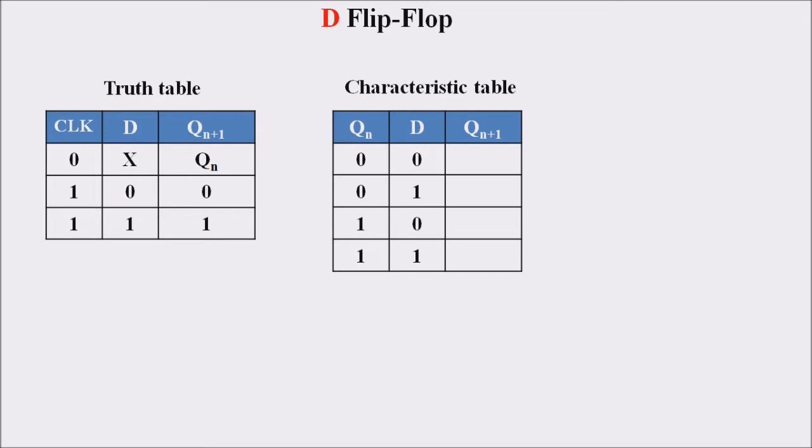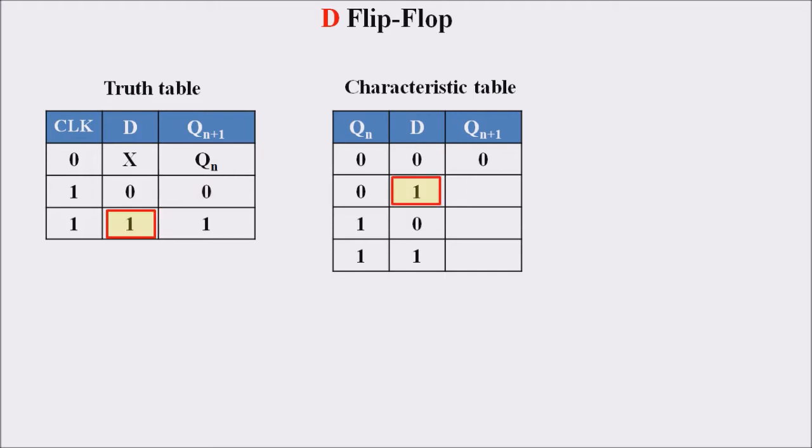Now we are going to discuss how Qn plus 1, the present state, is generated. If we analyze the data value D equal to 0 in the truth table, then the output Qn plus 1 is equal to 0. Thus Qn equal to 0, D equal to 0 deals with Qn plus 1 equal to 0.